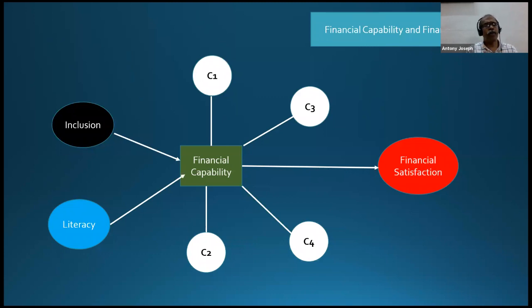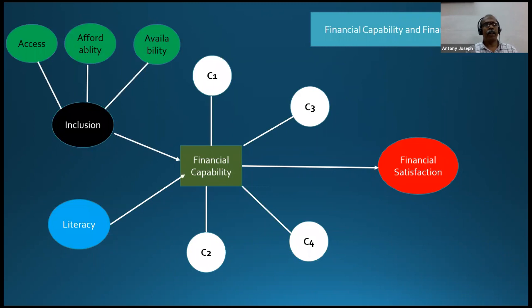So we have gone through the literature on financial inclusion and financial literacy, and we found that financial inclusion can be measured with the help of 3 things: access to finance, affordability of financial services and products, and availability. When all these 3 are taken together, a score regarding financial inclusion, or a financial inclusion index, can be made with the help of these 3 aspects.